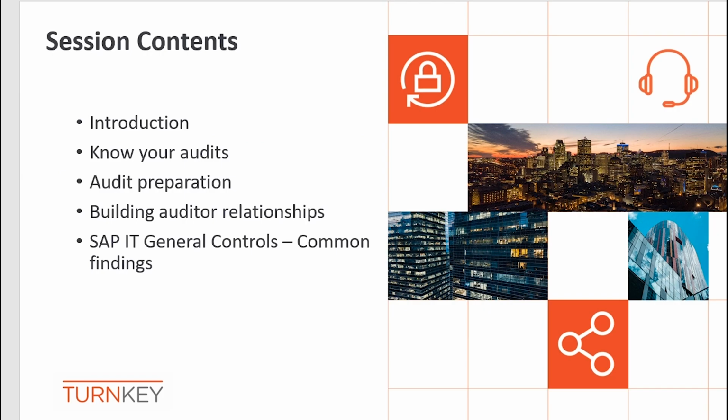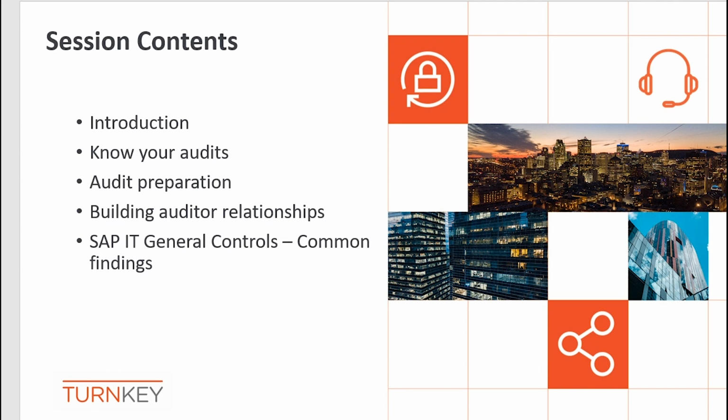During the session, we're going to cover the following areas. Firstly, we'll have a brief intro into audits in order to set the scene. Next, we'll then take a look at the different types of audits that you can face and how this will have an impact on your preparation to ensure that you're ready for it. After that, we'll take a look at the different preparatory steps that you can take to make the audit as efficient as possible, as well as managing the audit observations to an expected and satisfactory level.